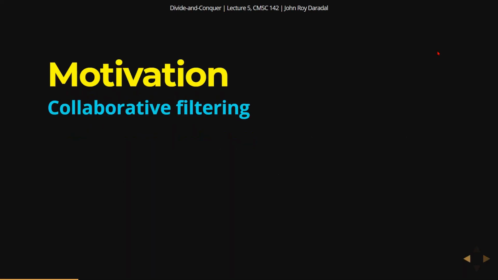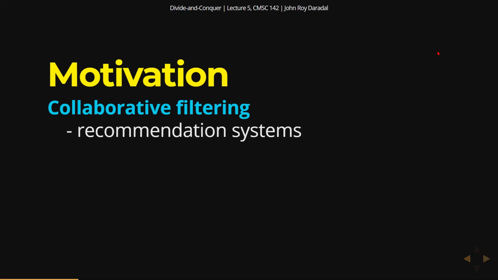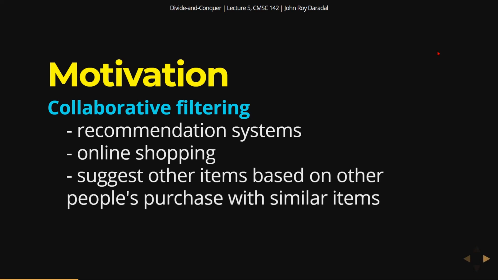You can use this for things like collaborative filtering in recommendation systems, for online shopping, where you suggest other items based on other people's purchases of similar items. You've probably already seen examples of recommendation systems in online shopping, like Shopee, Lazada, or even in YouTube: people who watch this also watched this, right?